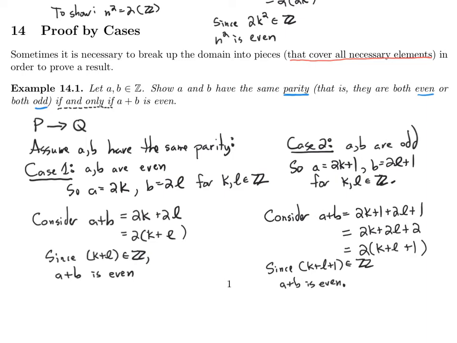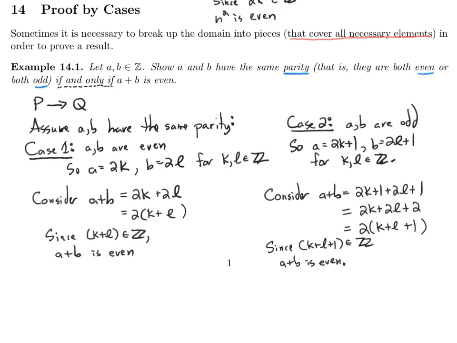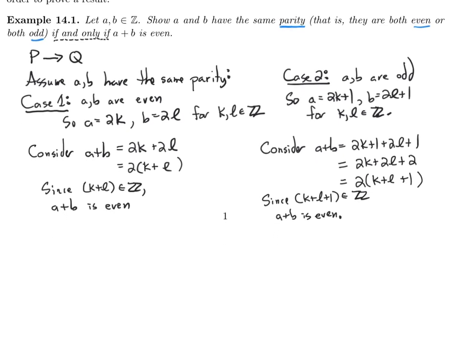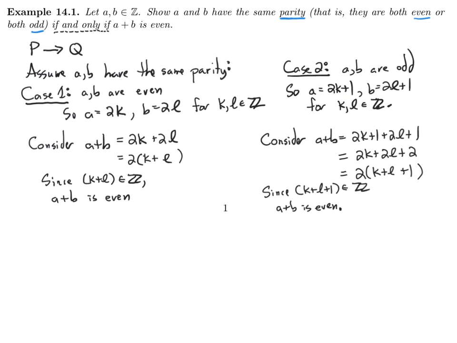So let's scroll down to give myself a little more room. I'll keep this here for now. Okay. Let's do the other direction. Q implies P. So here, there's a couple of ways of going about this probably.